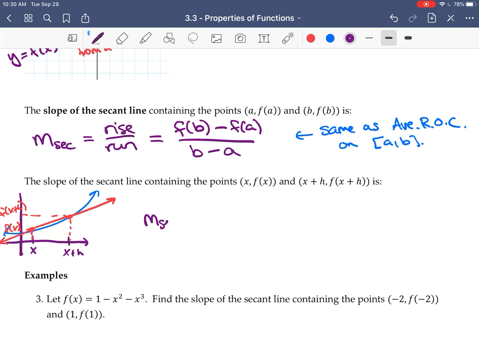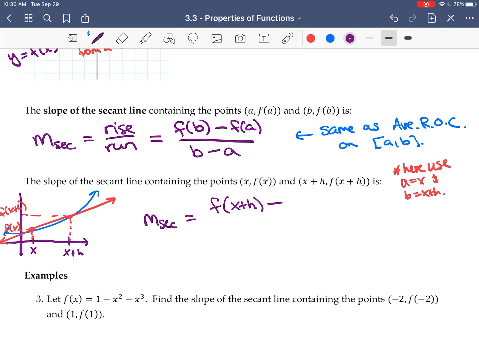So m sec is going to be f of x plus h. That's our new b. Okay, so down here we use x for a and x plus h for b. Okay, but basically it's the same.